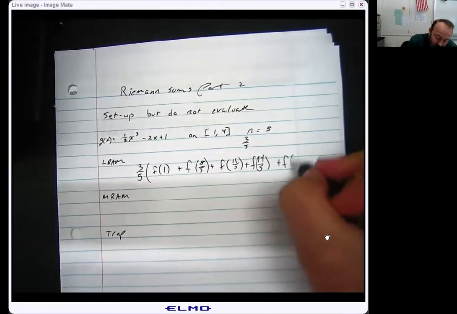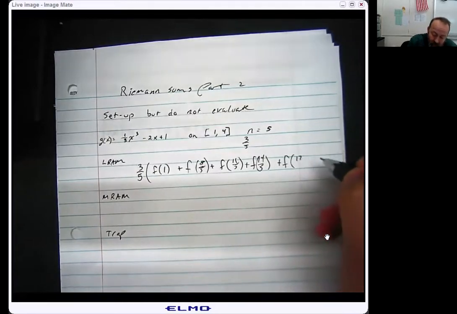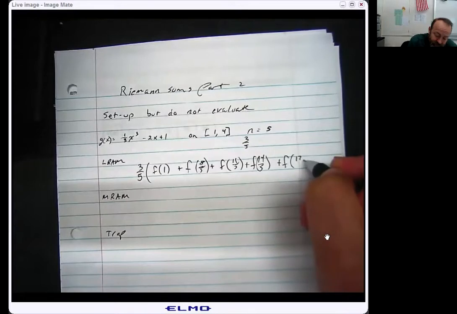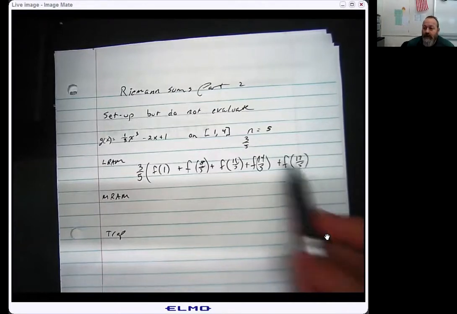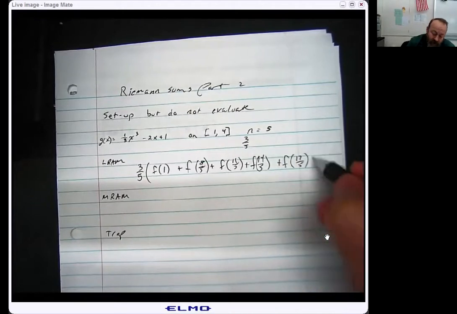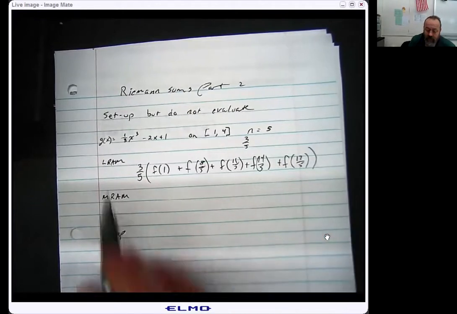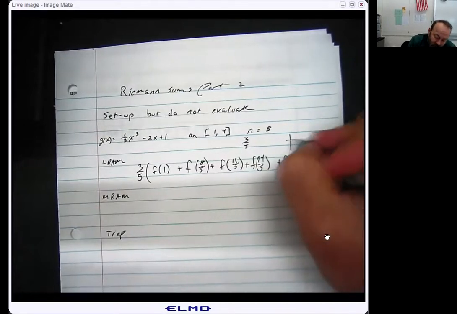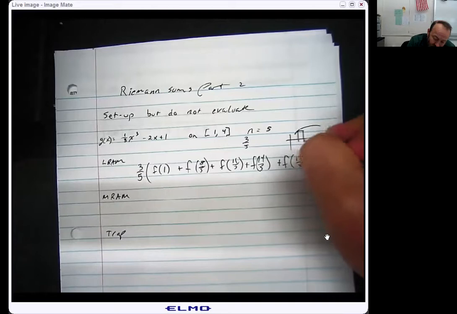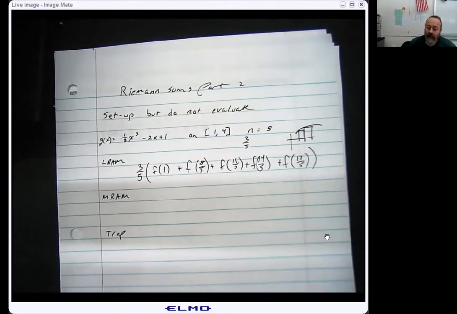We need to go one more here, 17/5. And keep in mind, if we went one further, that would be 20/5, which would be 4. But I don't need to do that because on the LRAM problems, remember, one of those things extends and you don't actually hit the endpoint.